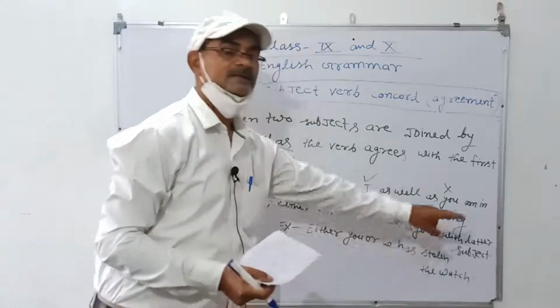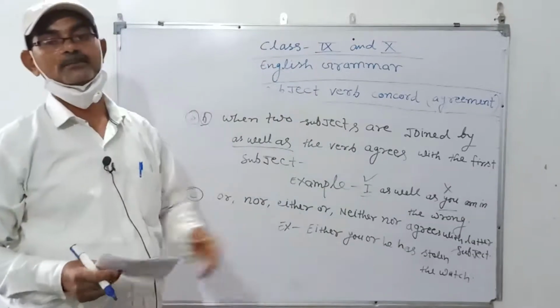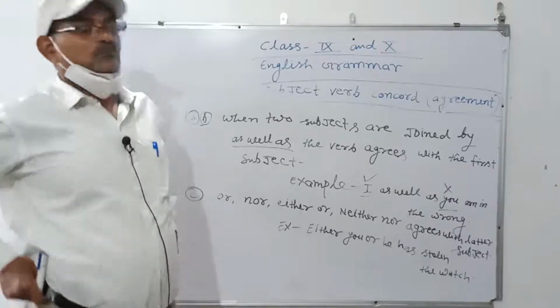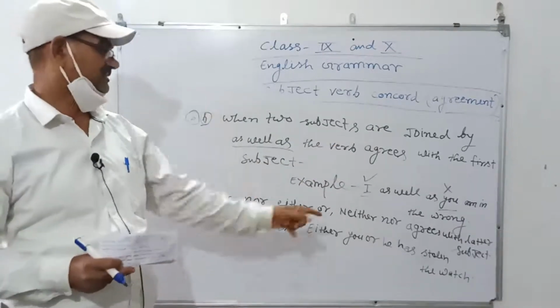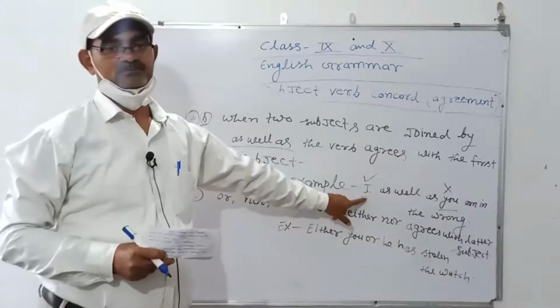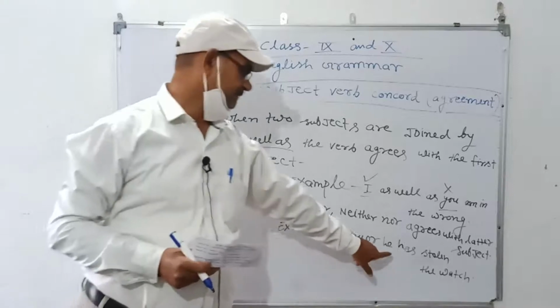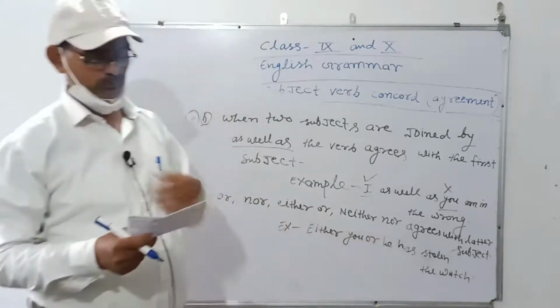He has stolen the watch. In this example, the verb agrees with the later subject, but in the previous rule, the verb agrees with the first subject. In this rule, the verb agrees with the second, the later subject.